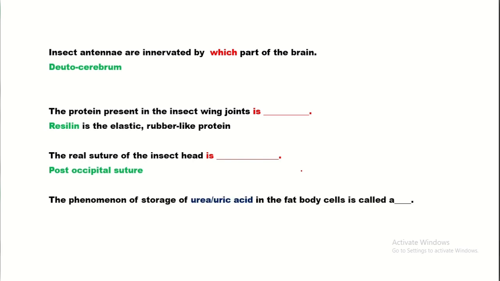The phenomenon of storage of urea or uric acid in the fat body cells is known as storage excretion. Study and use of insects in crime investigation is known as forensic entomology.